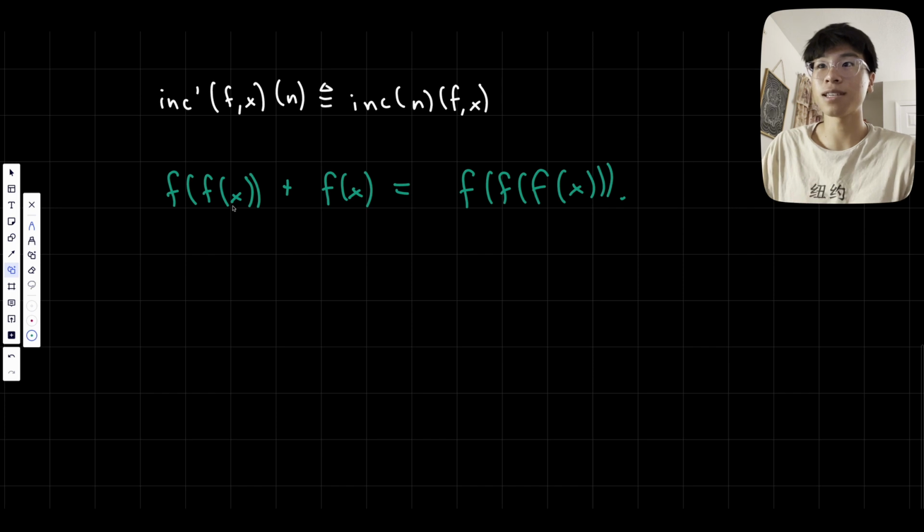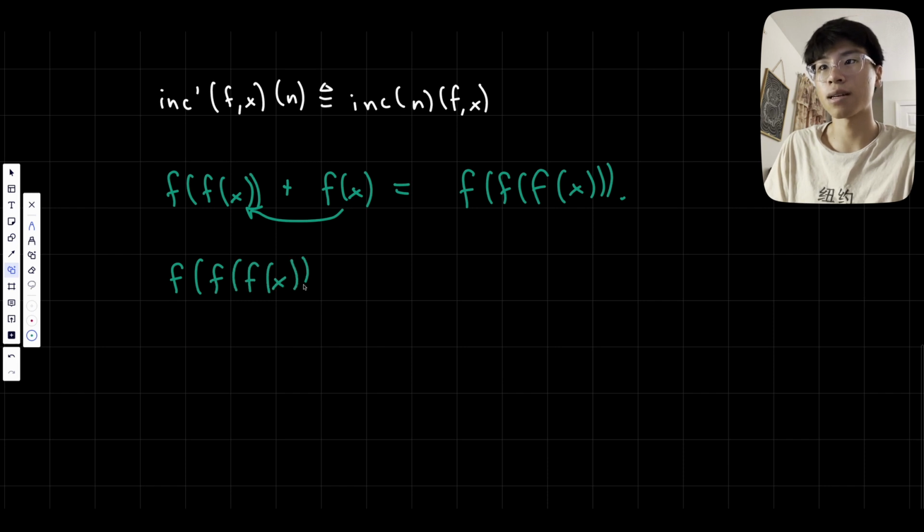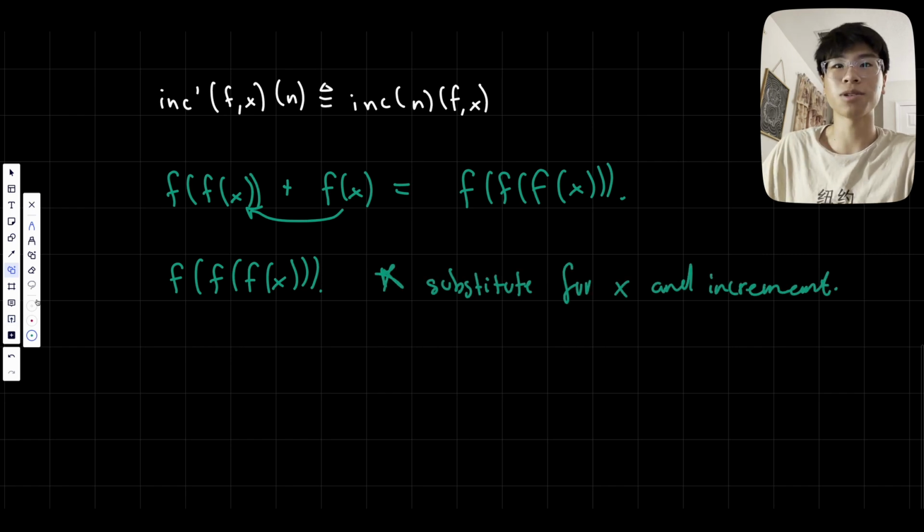Another way to view this is to say, why don't we just substitute this f of x in for this x in the first place? When we substitute it in, we'll in fact get f of f of x. And yet another way of thinking about that is if we substitute f of x in there and then increment it 2 times. And we can do precisely that.